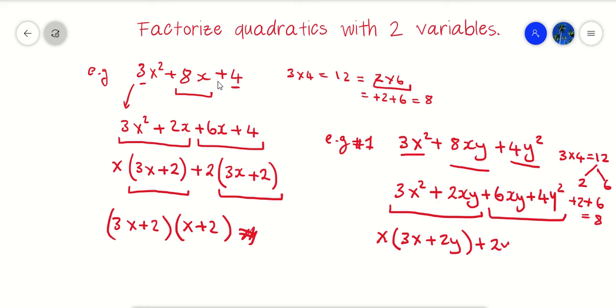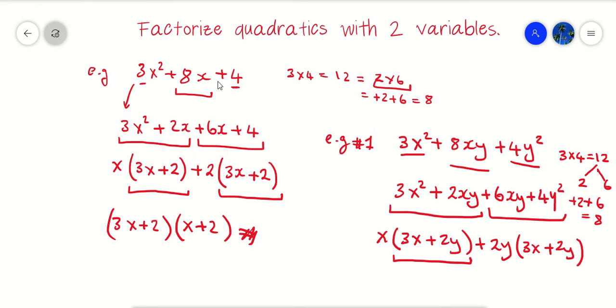I can see 2y. If I take 2y outside from 6xy, I will be left with 3x, plus, from 4y squared, if I take 2y out, this will be 2y.